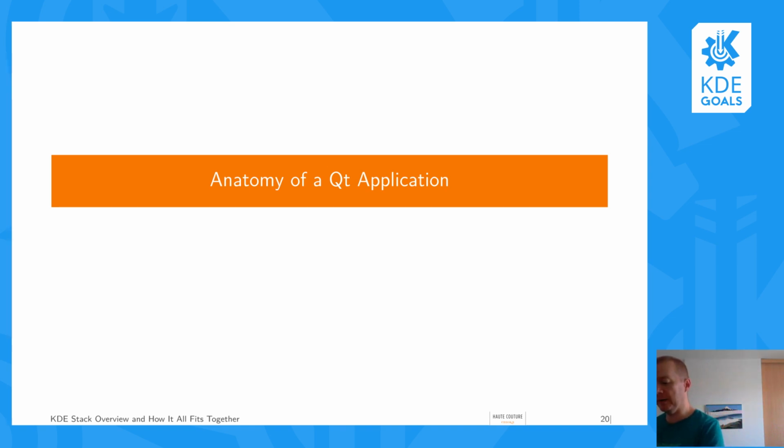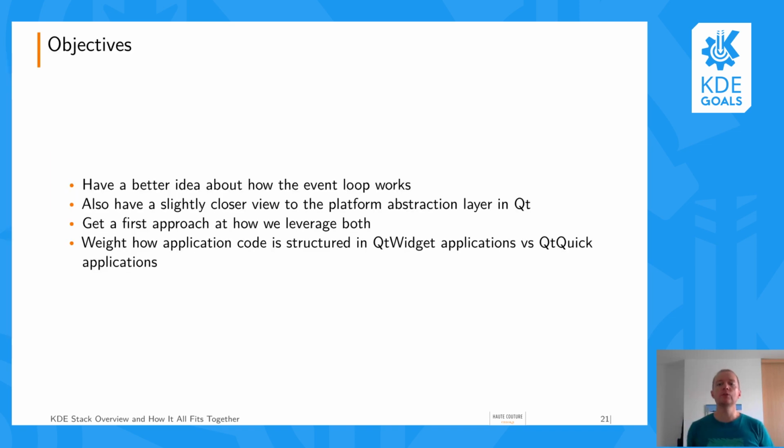So we'll sidetrack a bit on how applications are made, and we'll focus on how a Qt application tends to be structured from an architecture standpoint. The objective here is to have a better idea of how the event loop works, because that will be important later on. To have a slightly closer view of the platform abstraction layer I was mentioning as being important, because again, we will get back to it later on when we really talk about the integration between the different parts.